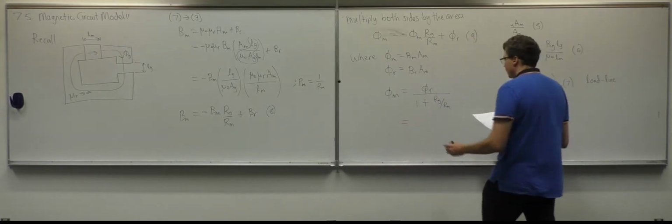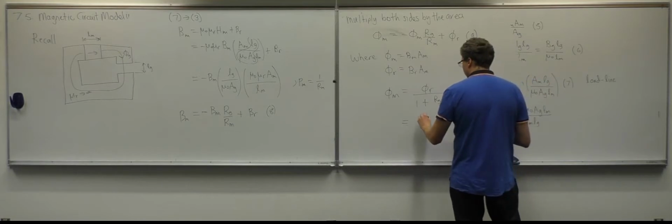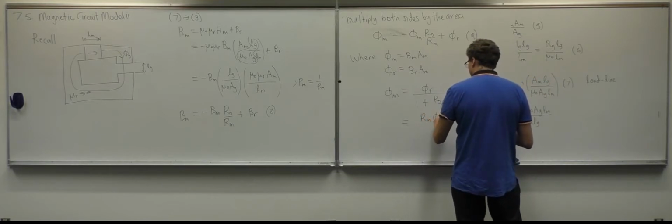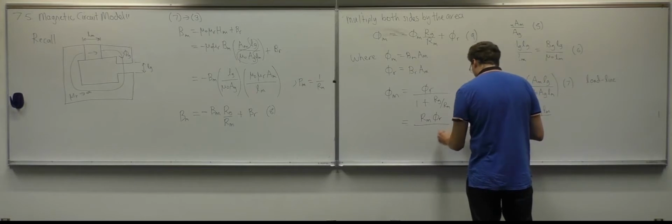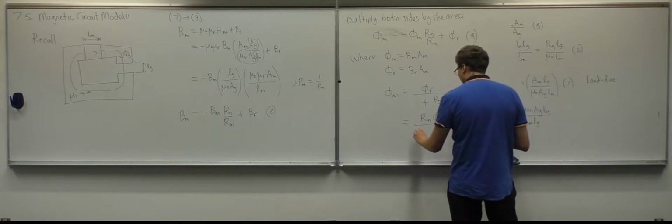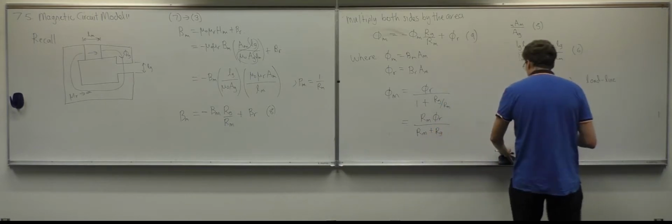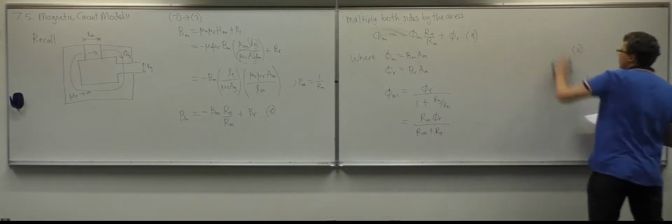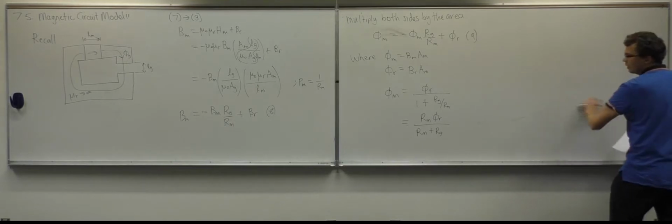or multiplying it, we could write this as Rm flux R divided by Rm plus Rg.